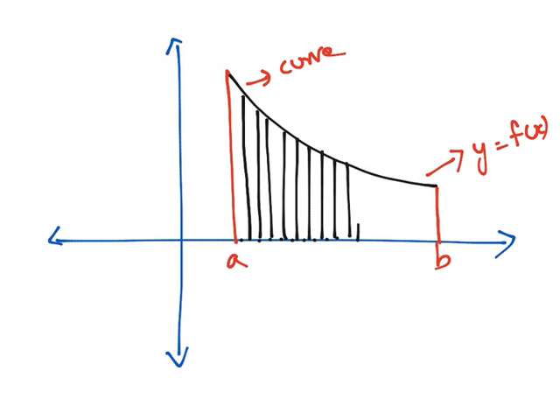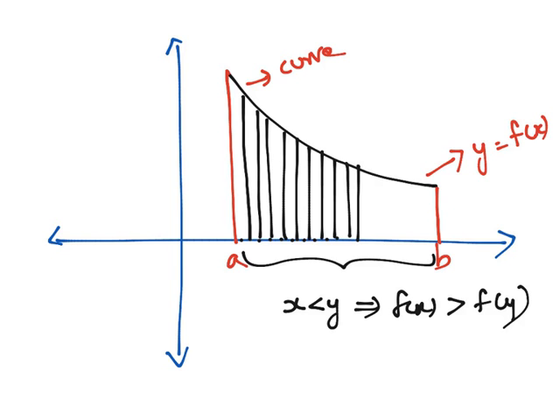and smaller. So in this interval, if x is smaller than y, it means f of x will be bigger than f of y, isn't it? You can see, let's say you take this as x, you take this as y, you can see that x is smaller than y, and this is f of x, and this is f of y.